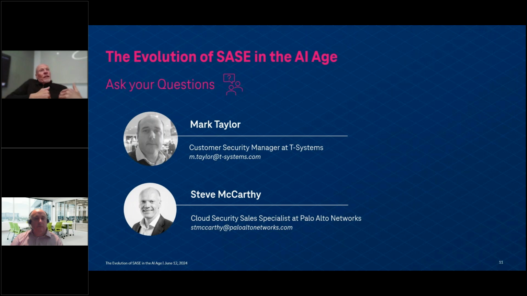So looking at it from a Palo Alto perspective, as opposed to legacy and baggage, I like to think of it as heritage, experience, and data, because Palo Alto's been collecting data since day one, since 2005, from those first next generation firewalls. We still have all of that data.